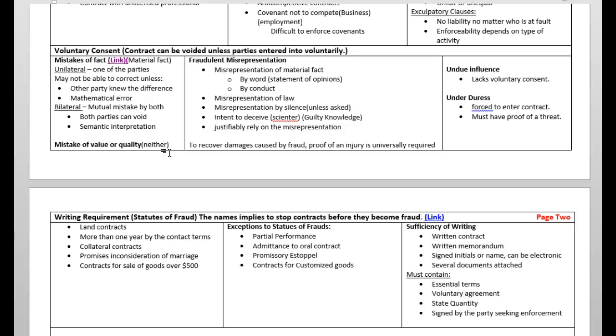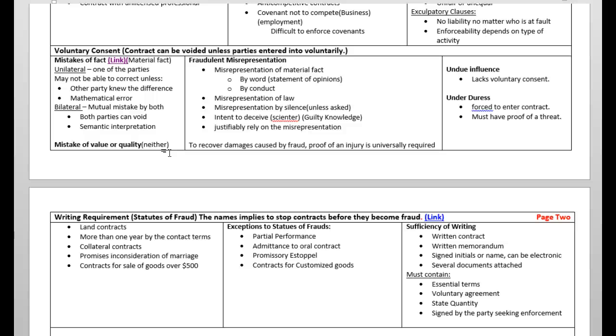If the stated opinion is from an expert, such as an attorney or an accountant, and you sign the contract on that basis, and the opinion is in their area of expertise, there's a possibility that you could get that voided.